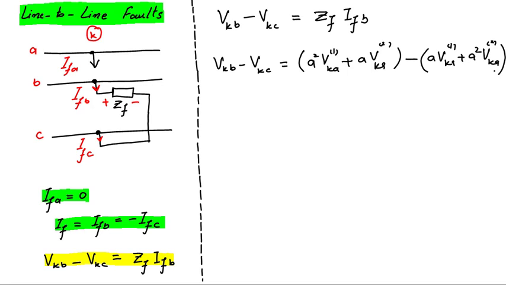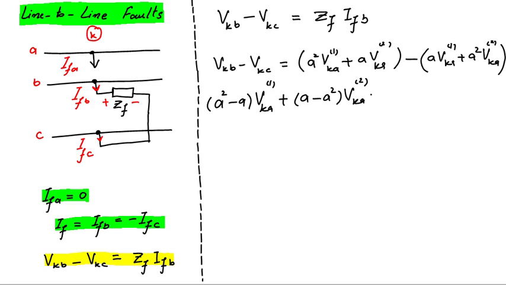Now on the right side of this equation, if we combine the similar sequence components together, it will become (a square minus a) into VK positive sequence plus (a minus a square) into VK negative sequence. If we take minus 1 common from the second term, this expression will also become a square minus a.